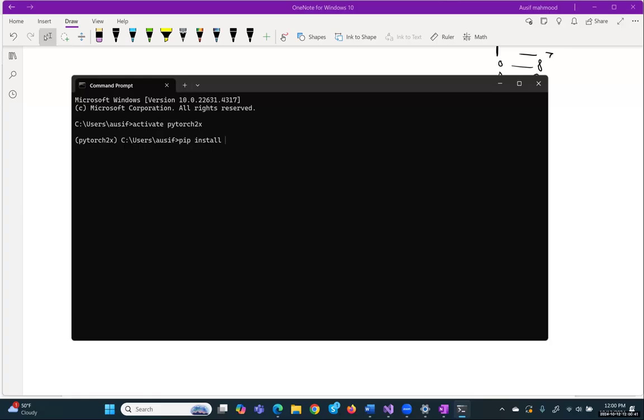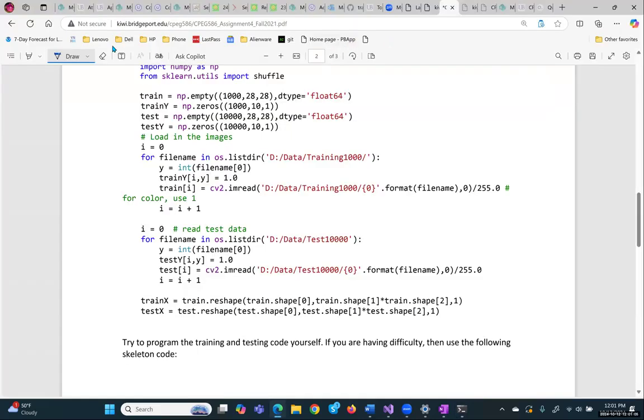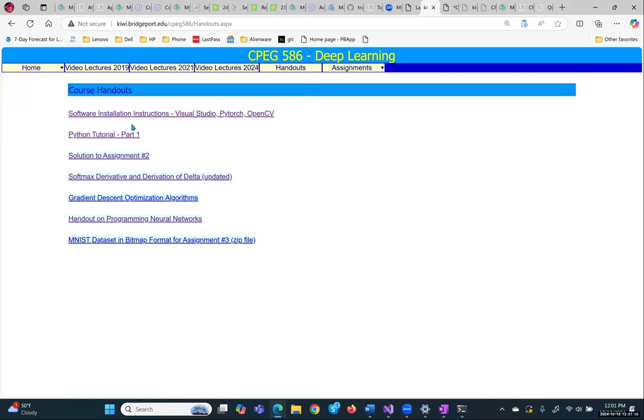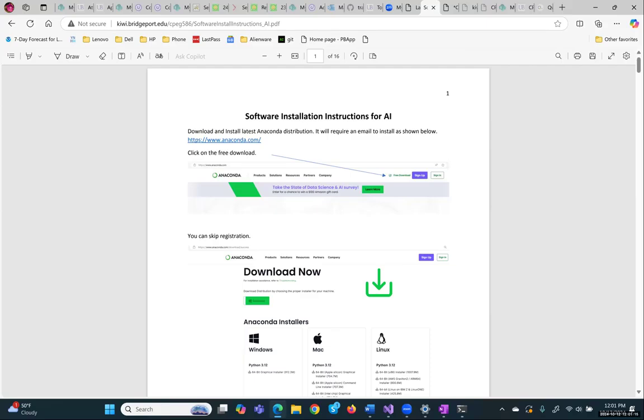For example, if you run the program and it says, I don't recognize CV2, you will open CV Python. You can always Google what is the library for OpenCV. But I'm pretty certain if I take you to software installation instructions, the OpenCV.